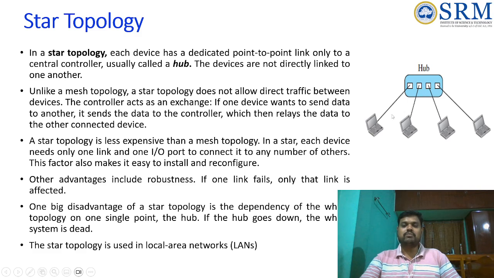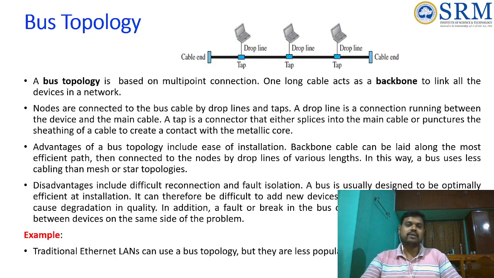All communications are possible only through this central controller. If you want to transfer a packet from one PC to another PC, it has to pass through the central controller or hub. If the central controller goes down, the entire network will fall down. This is the disadvantage of star topology.